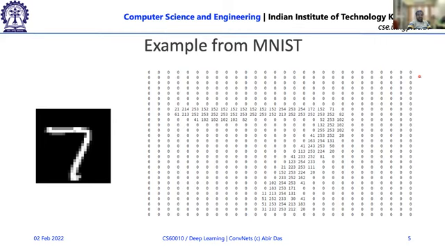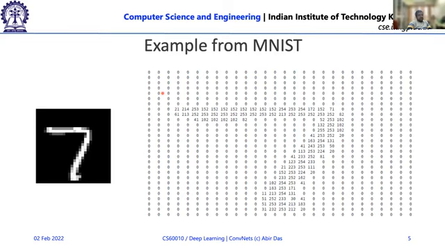Now, can you discover a pattern in these intensity values, the way they are arranged? So that you can answer, I am giving you permission to unmute yourselves. Can you see a pattern if you focus on the intensity values, say the non-zero values?